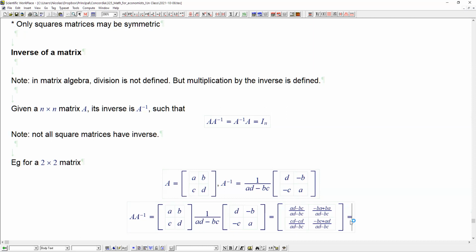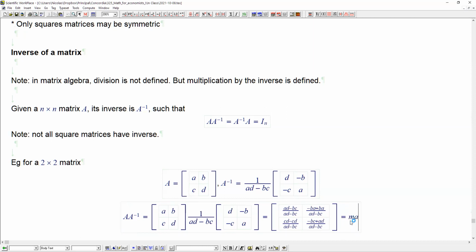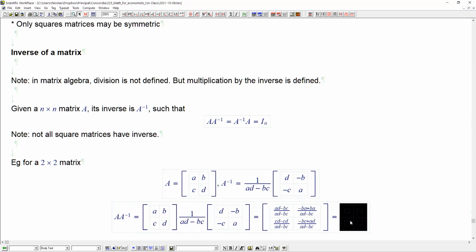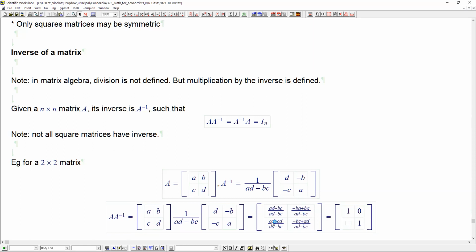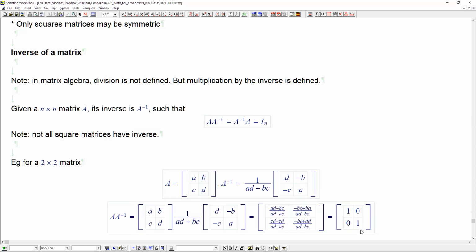And that is, of course, equal to, so this is AD minus BC divided by AD minus BC, that's 1. AD minus BC divided by AD minus BC, that's 1. And then minus AB plus AB, that's 0. And CD minus CD is 0. So we get this element.